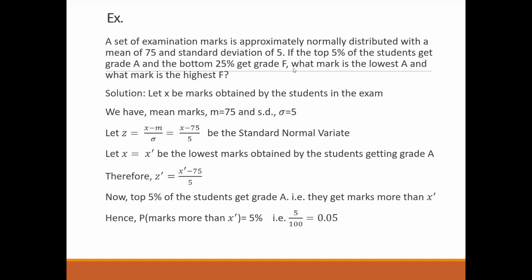If I get the value as 1.645, replace it in the equation for your standard normal variate and do the calculation. You should get the value of X, or X1, what we are writing as X single quote.